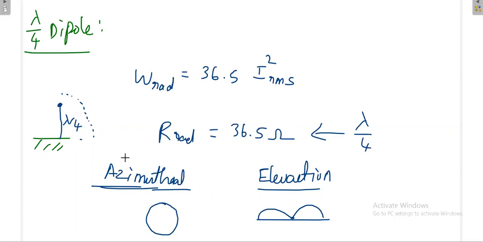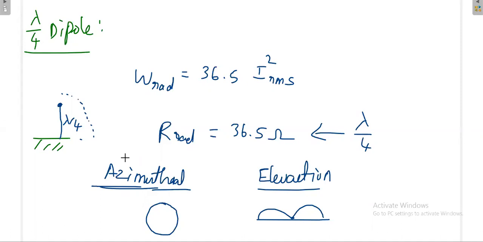It may look strange because the length is decreased, but still the directivity is increased, because it's radiating only in one direction. It is not radiating below the horizontal plane, only above it. Later I will write the directivity of both lambda by 4 and lambda by 2, then you can compare which one has more directivity.